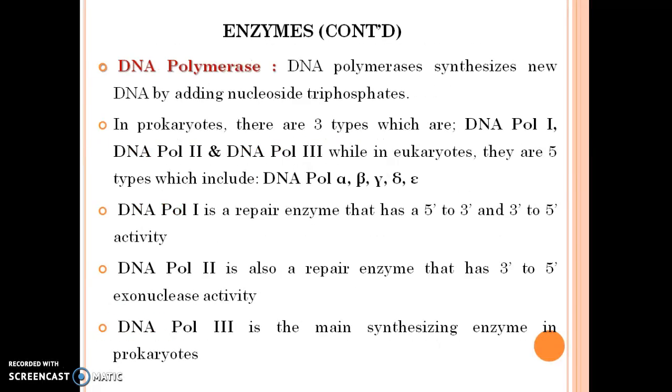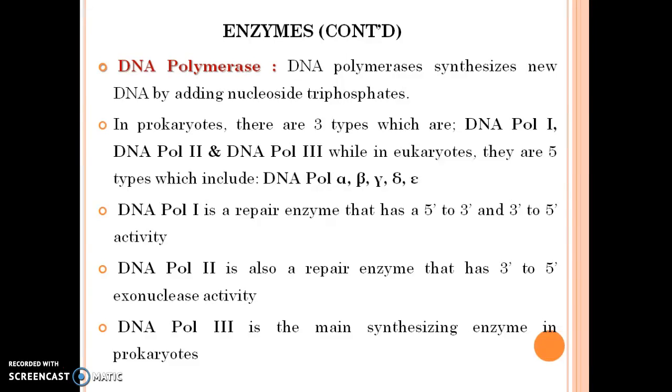Now, DNA polymerase synthesizes new DNA by adding nucleoside triphosphates. When we talk about nucleoside triphosphates, we mean our ATP, adenosine triphosphate, our GTP, guanosine triphosphate, and the likes. In prokaryotes, there are three types of DNA polymerases: DNA polymerase 1, DNA polymerase 2, and DNA polymerase 3.